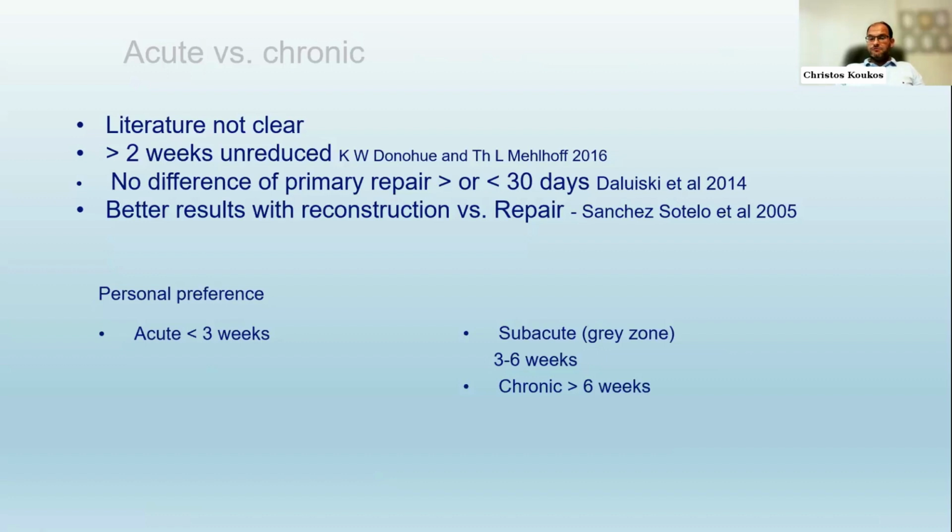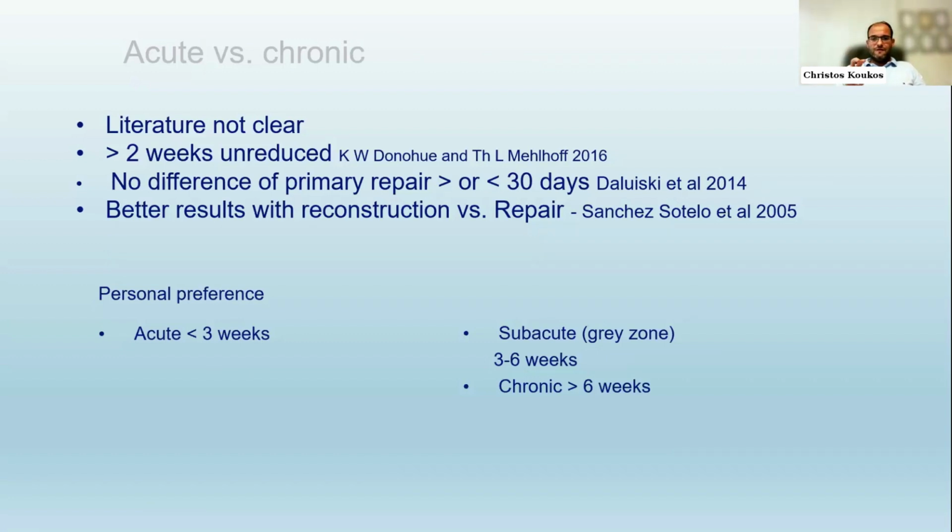On the other side, Dalowiski in 2014 showed no difference in primary repair if you do it in more or less than 30 days. But on the other hand, we have Sanchez Sotelo in 2005, who showed better results with reconstructing the ligaments than doing a primary repair.